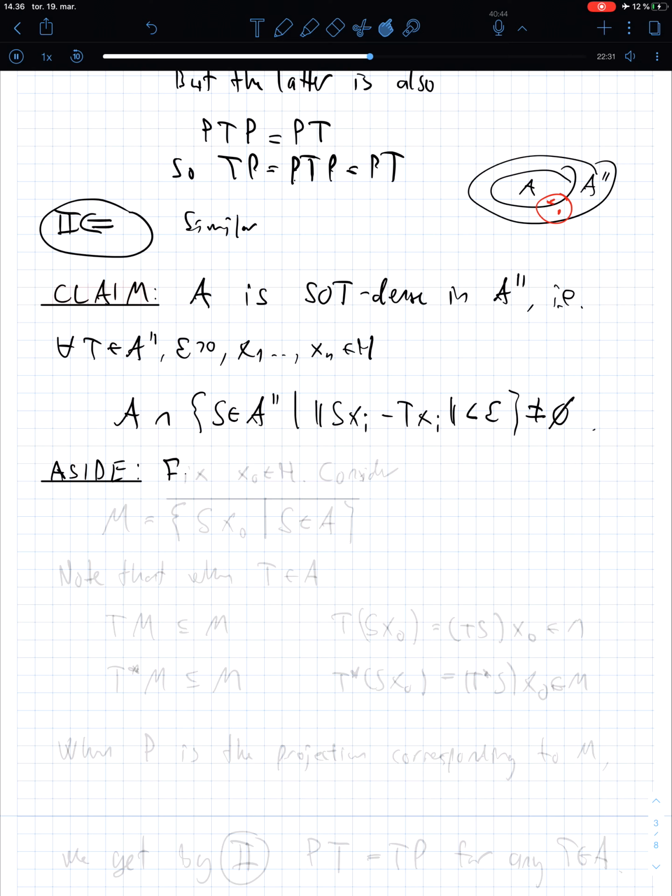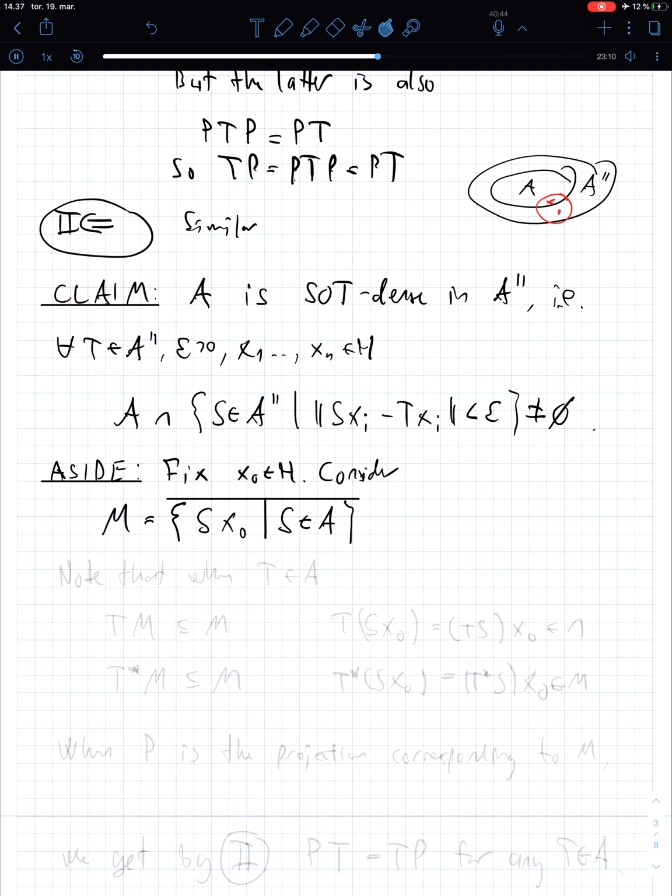We fix some vector x0, and we consider something I will call M, which is all the elements of the form Sx0 in the Hilbert space, where S ranges in A, and then I'm going to close it off in the norm topology on the Hilbert space. So this, of course, is a closed subspace. It's a subspace because A is a subspace, and it's closed because I closed it.